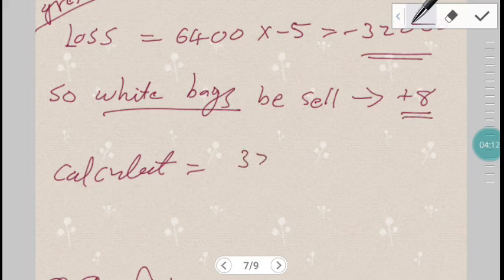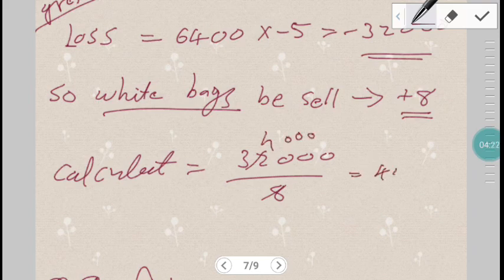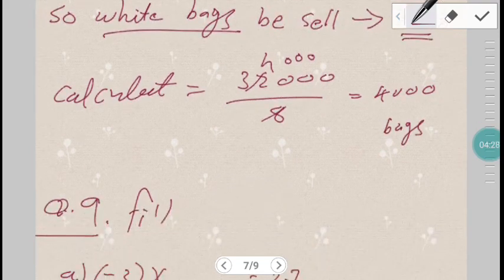So we calculate 32,000 rupees upon 8. So we will find that 4,000 bags they have to sell. So they will get no profit and no loss.